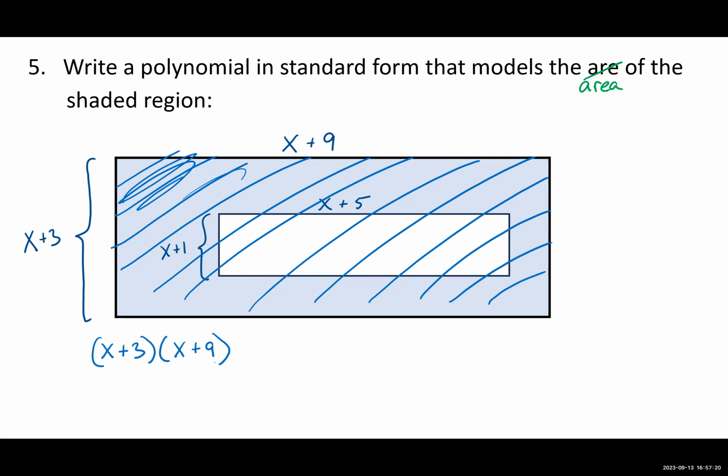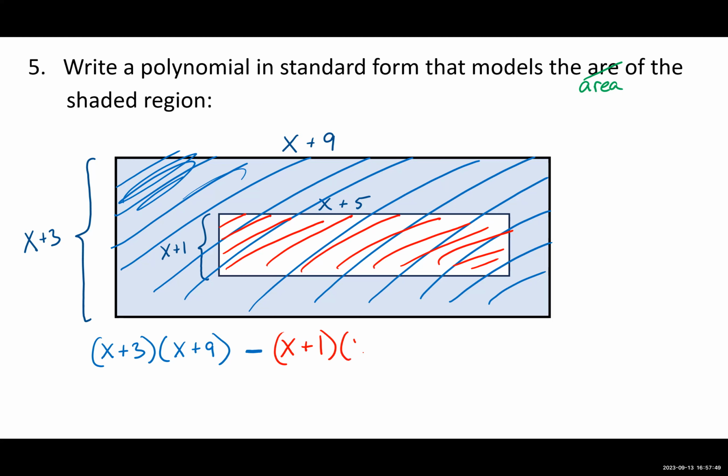And that's going to be the large rectangle. And then we can subtract off this red one. I'll shade it in red. The area of the rectangle I just shaded in red is going to be x plus 1 times x plus 5, length times width.